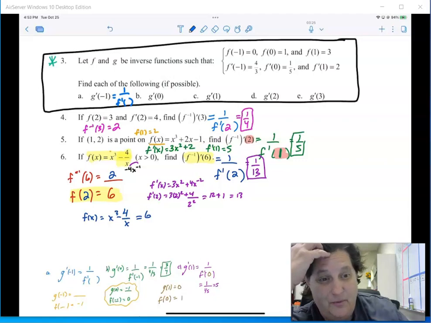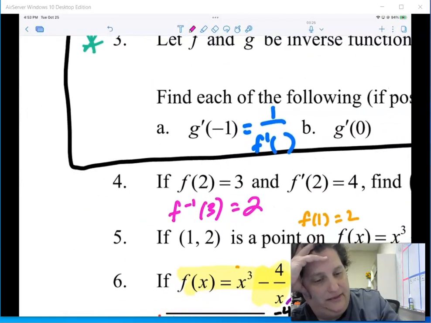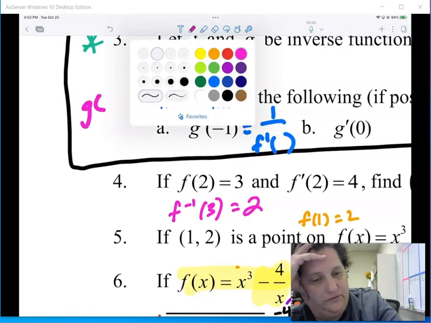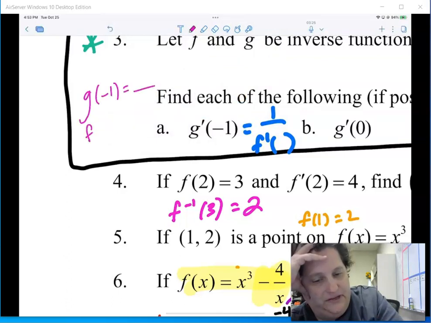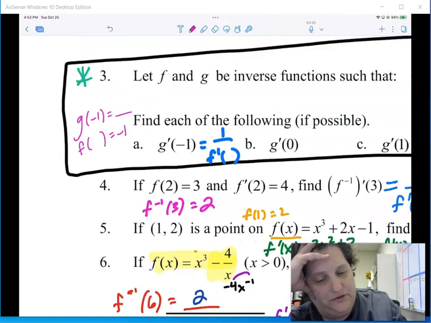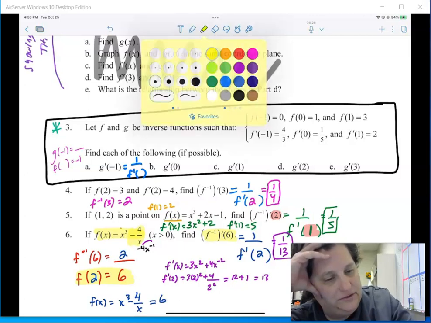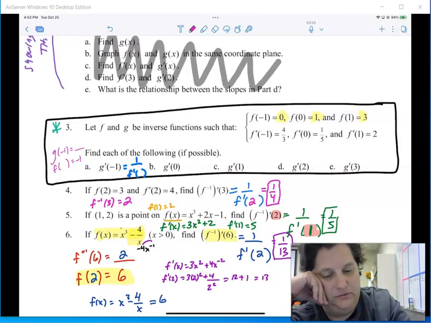Before I can figure out what the f prime of something is, I have to write g of negative 1 equals something, which means f of something equals negative 1. So I go look over here. None of those equal negative 1, so that's not possible. So for A, I'm just going to say not possible.